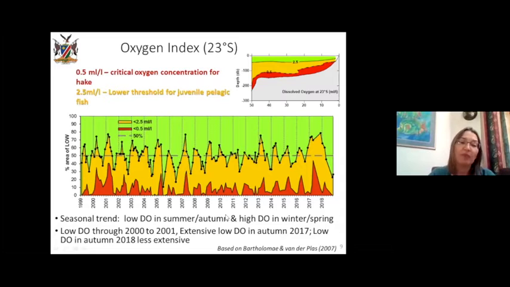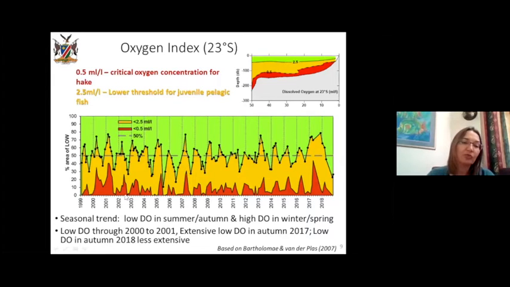And here we've mapped over time how large these low oxygen areas are, and the reverse is basically how small is that central area, the habitat becoming available seasonally and also through interannual variation, the variability for the fish to occur.